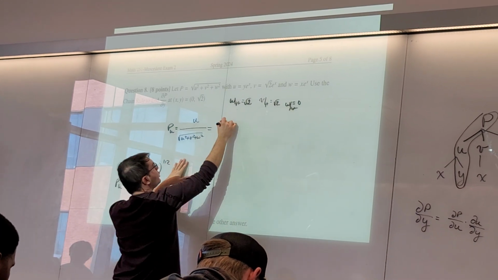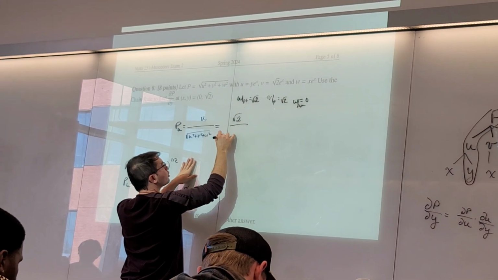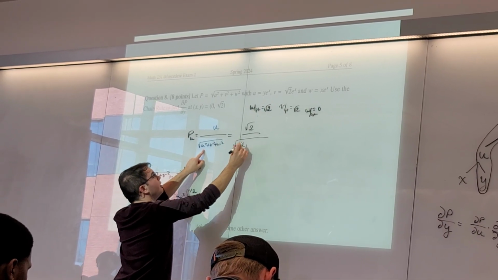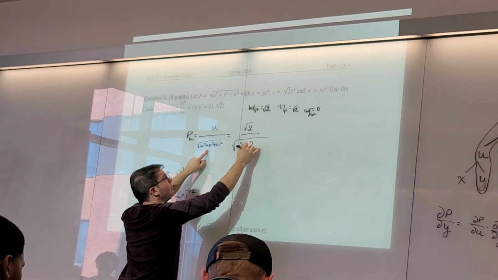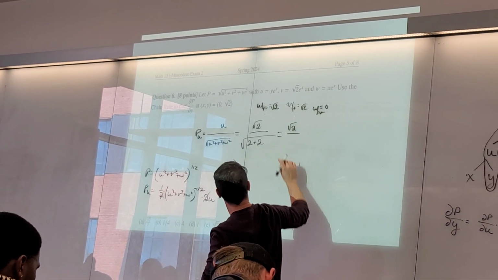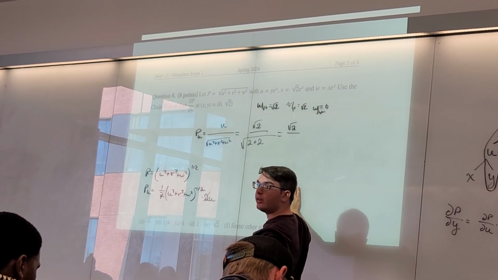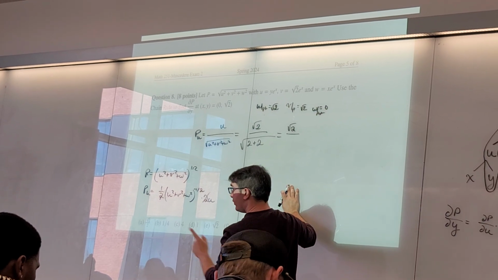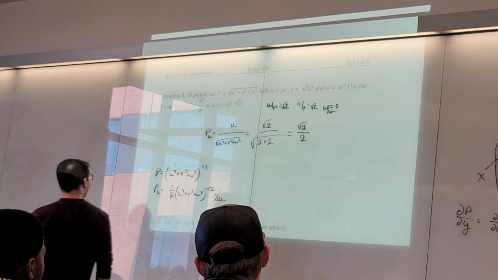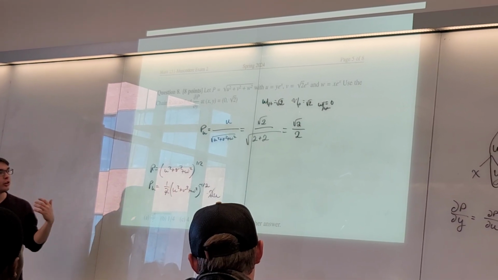So I get the square root of 2 over the square root of 2 plus 2 plus 0. So it's the square root of 2 over square root of 4, which is indeed 2. So that's one part.